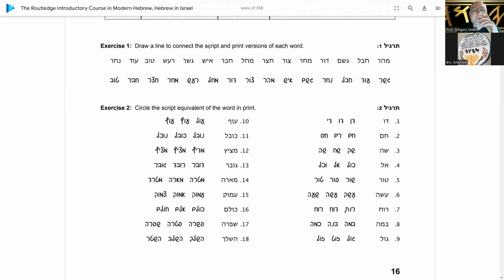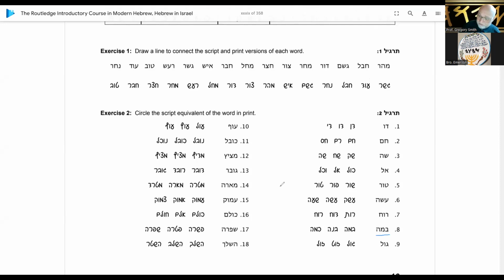Okay, so now we have, this looks like it might be bima, might be the bima seat. We'll see here. Bima. Yeah, it can be translated as like a platform, or a pulpit.